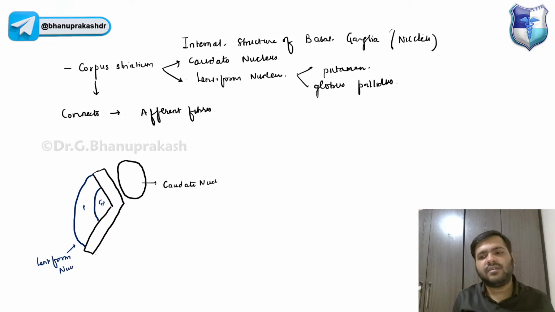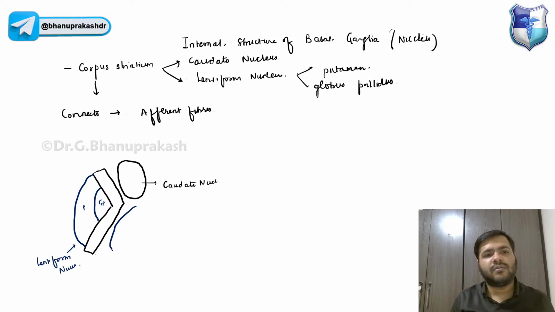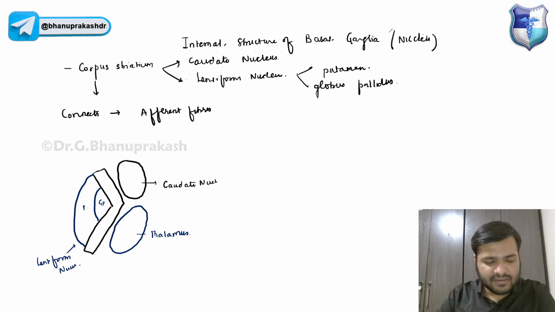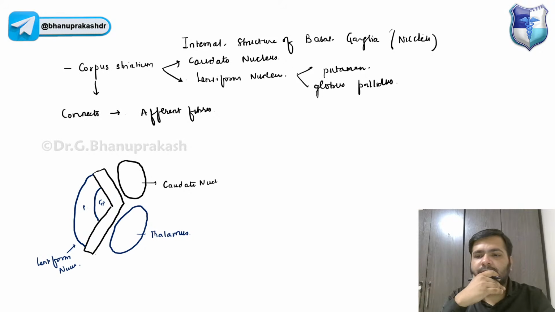And below, you already know we have the thalamus. Now, just remember that the globus pallidus part is basically sending the efferent fibers forward.